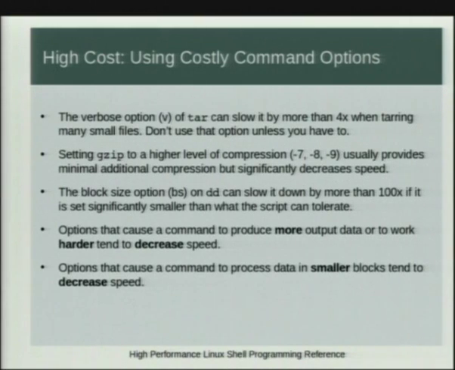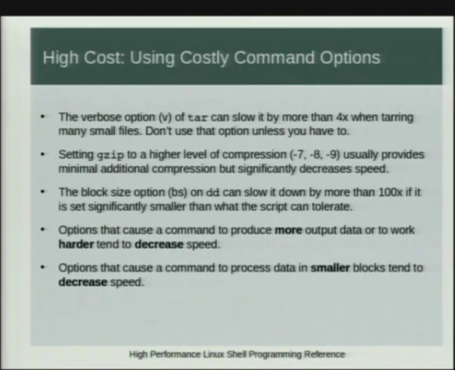There are certain options that you don't want to use unless you're backed into a corner and have to use them, because they greatly increase the amount of work the computer has to do. It's increasing the computational distance. Verbose option on tar, gzip, the higher compression levels, block size option on DD especially.